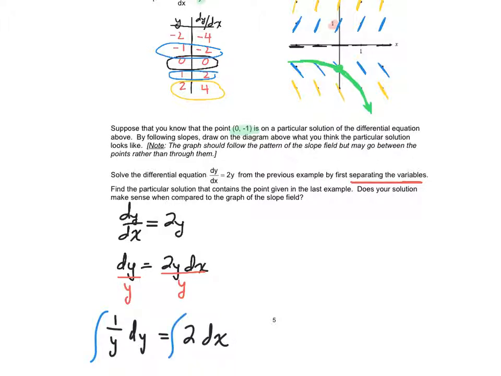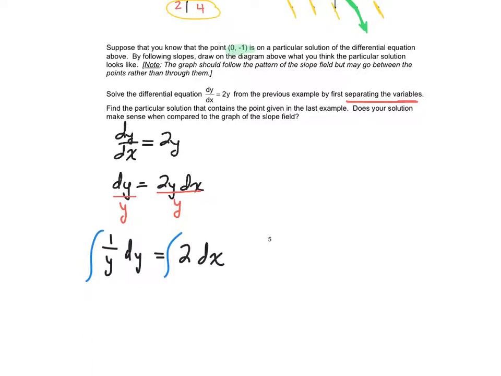It's kind of like log differentiation, just in reverse, where we wanted to get an equation that was in a convenient form, and then we would differentiate both sides. Now we want to get an equation that's in convenient form and anti-differentiate both sides. So instead of 1 over y dy, it would be the natural log of y plus some constant c.